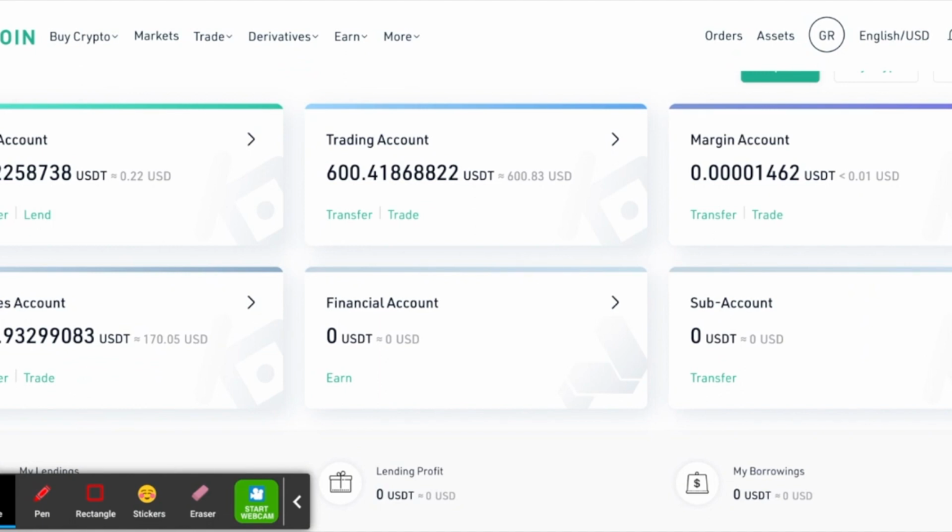So my trading account is going to keep trading with just 600 bucks right now. I'm using my other accounts almost as a bank or a savings account, in order to hopefully get my trading account up to the next level.